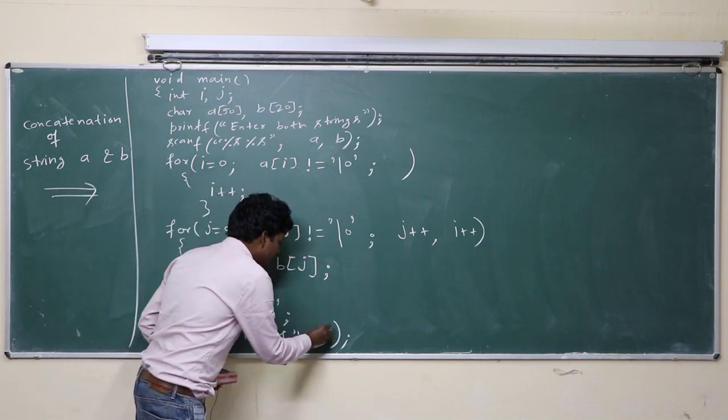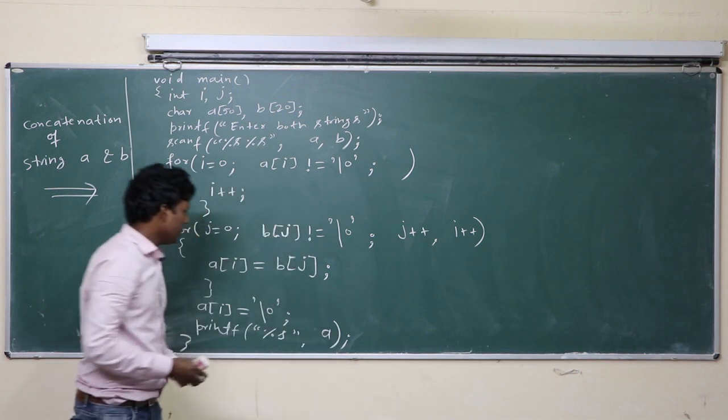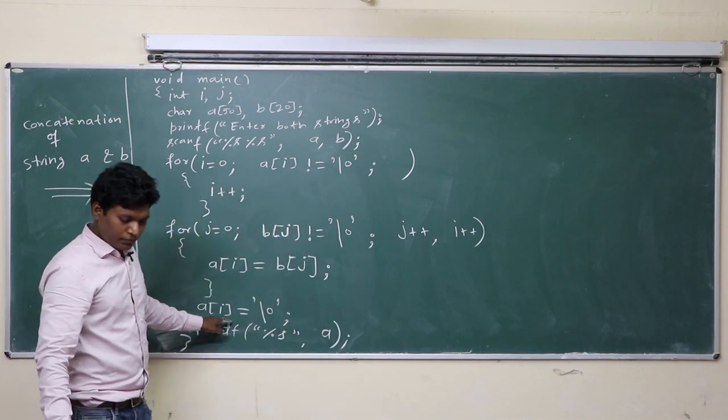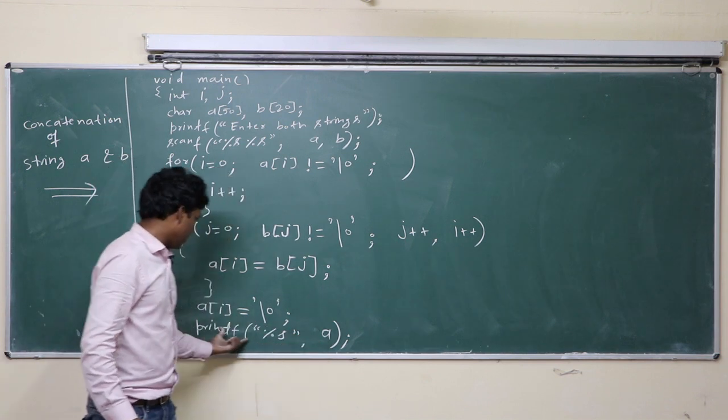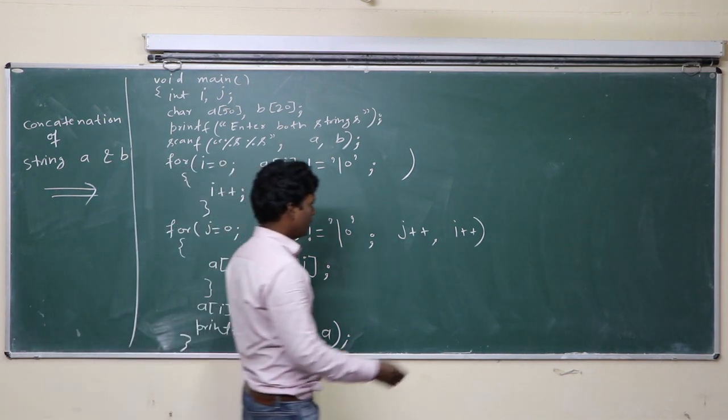This is the A. So this is the concatenation; printf prints the string A, which is the concatenation.